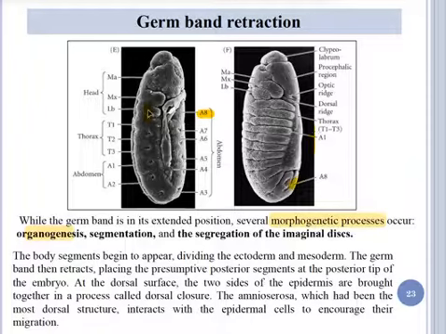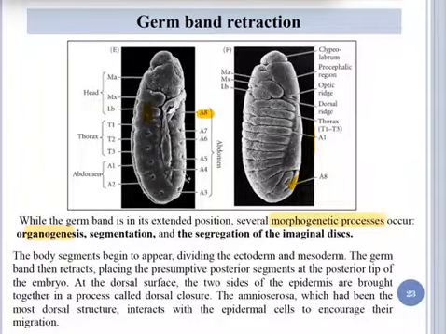You see, we had an extension followed by a retraction. So you see the A8 and the other abdominal segments are now at the most posterior part of the Drosophila embryo, okay, at the posterior side through this germ band retraction.